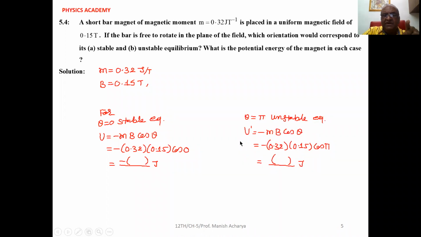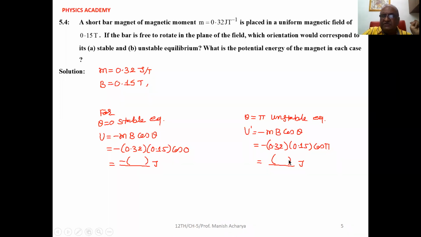Then the unstable equilibrium. When the magnetic moment and the external field are in mutually opposite directions, meaning theta is pi, that is unstable equilibrium. In that particular case, the potential energy U dash is again minus mB cos theta. So minus m, that is 0.32, B that is 0.15, cos pi, right?